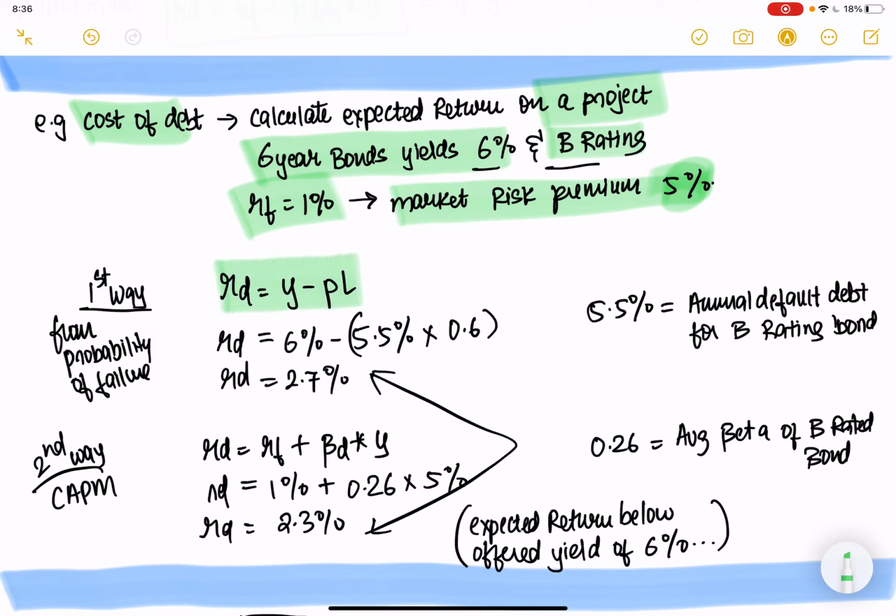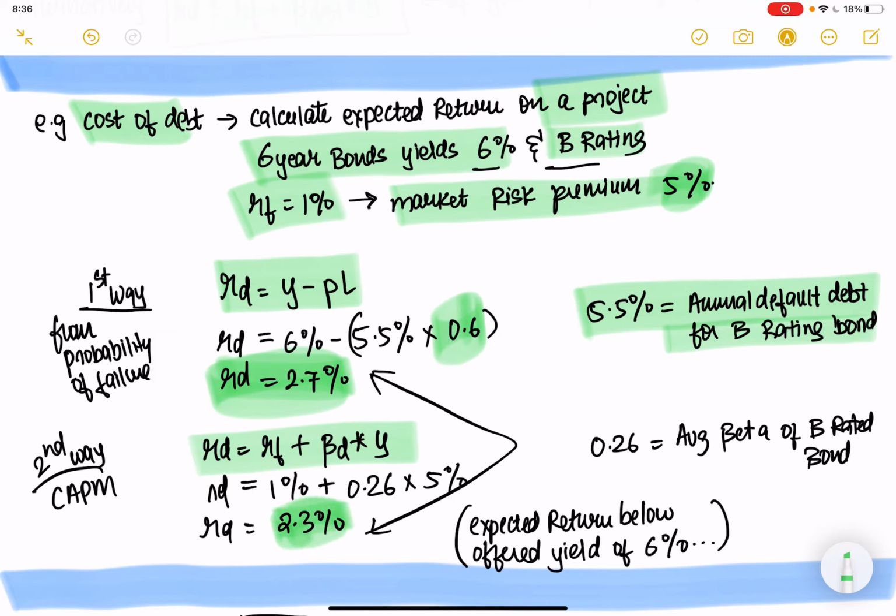We know Y is 6%, the yield to maturity, and the probability of failure is 5.5% for the B-rating bond that's published by the rating agencies, and there's a 60% loss rate. So you know that this investment should get at least 2.7%. Alternatively, using CAPM, you can do RF plus beta times the market risk premium, and it will give you something similar.